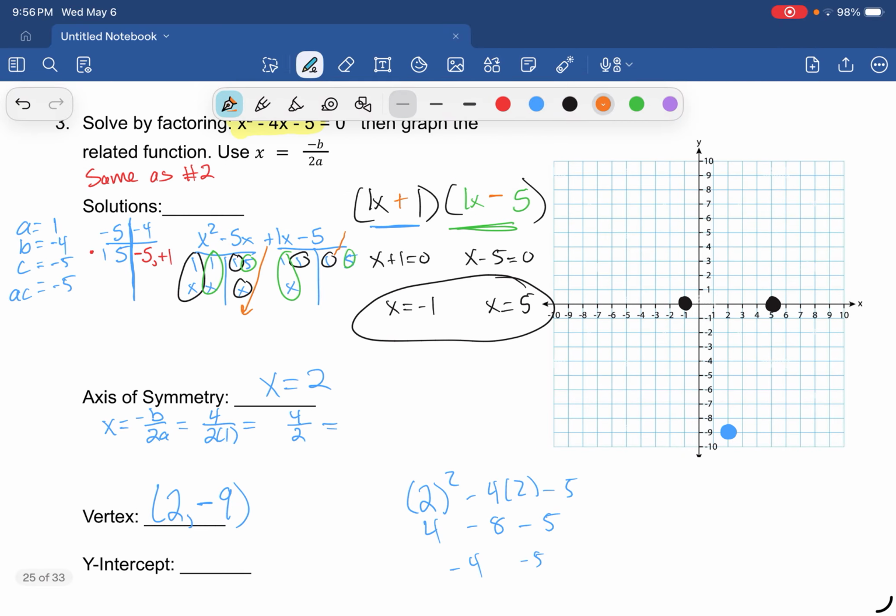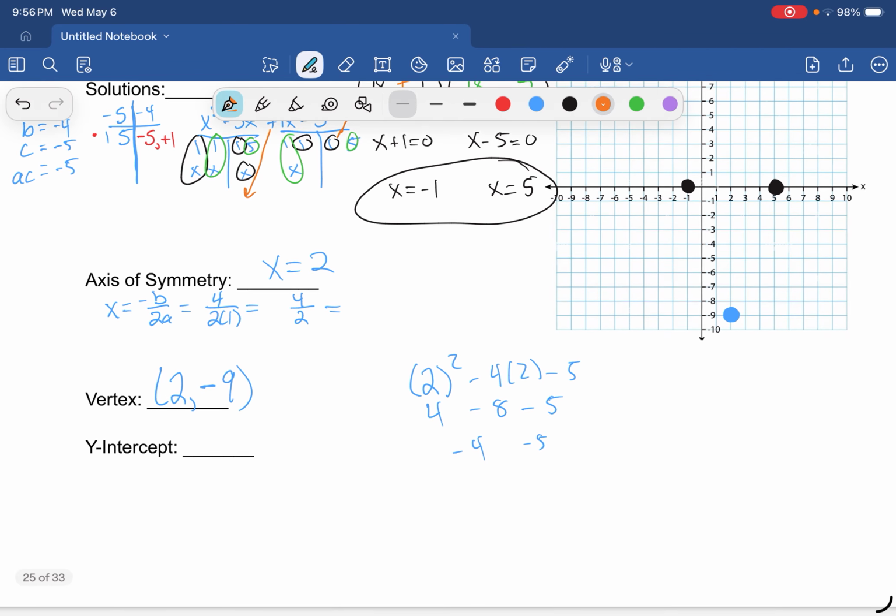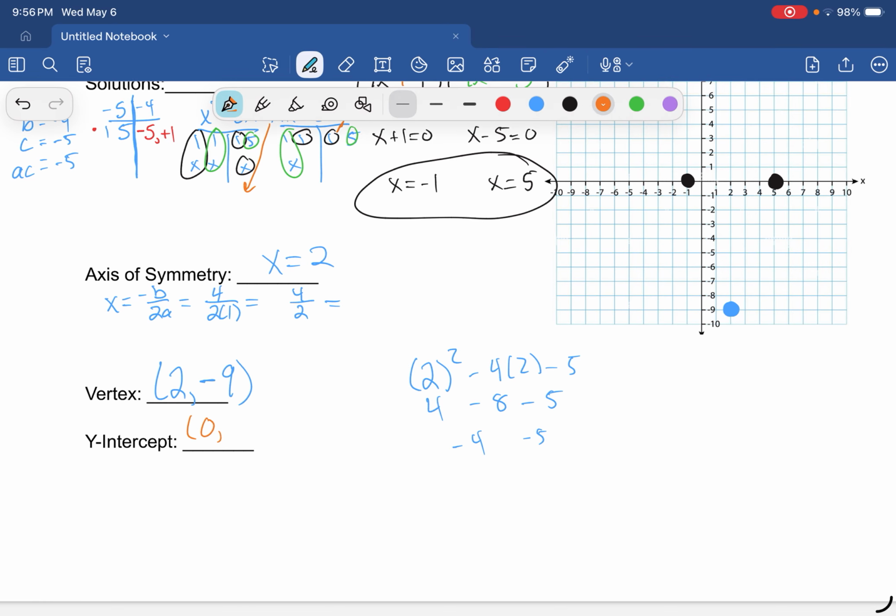My y-intercept is wherever my c value is, -5. This is -5, I put a dot. Now, in our last unit, we needed to make a table to find all the points. Because we find the x-intercepts right from the get-go, we have 2 of our 5 points there. Then our vertex is our 3rd point.